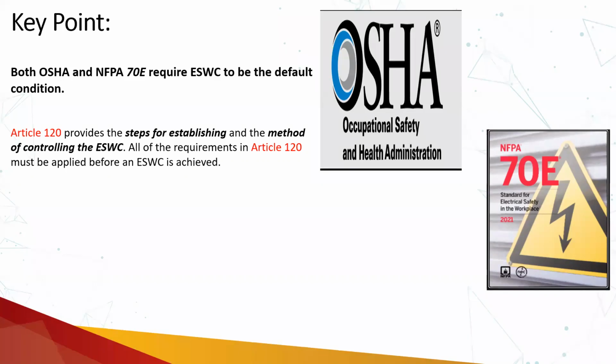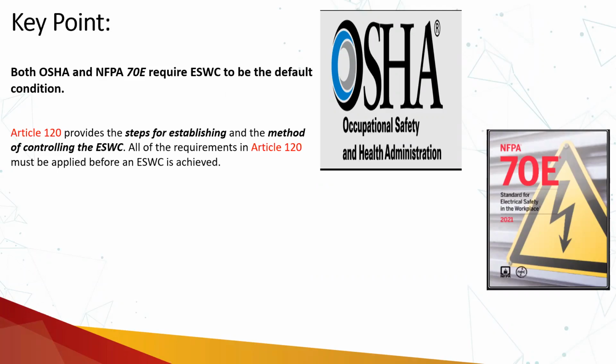Once you have established an electrically safe work condition, there are chances that the asset or system can be re-energized. Either it is re-energized due to human error, or it may be energized for some other intentions.